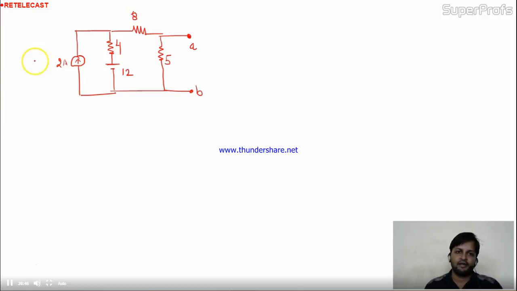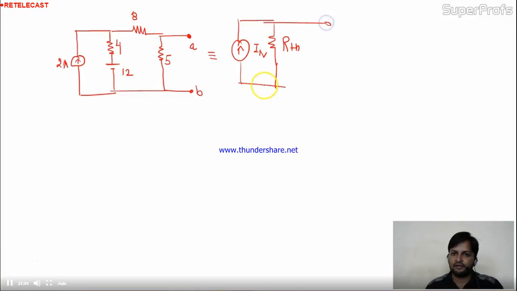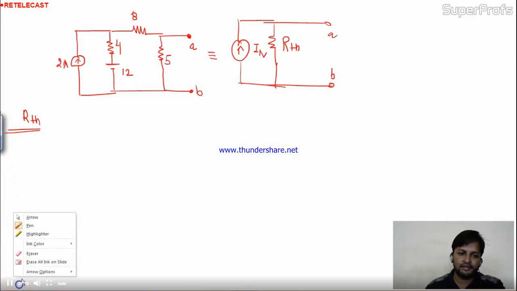Now see, our task is to convert this entire circuit into the form of a single current source and single resistance. I hope you're getting this, right? The terminal is the same. So first calculate the RTH. Here we are calculating RTH. For the RTH, you know the procedure very well, I think.